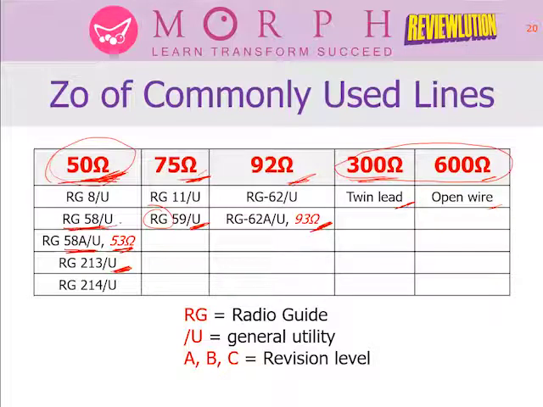So kaya nga kung isipin, si 58 is 50 lang. But si 58A/U, 53 or 53.5 sometimes. So yun na yung difference ng A/U and /U lang. But there could also be B and C. Ibig sabihin mas maraming revision na yan.